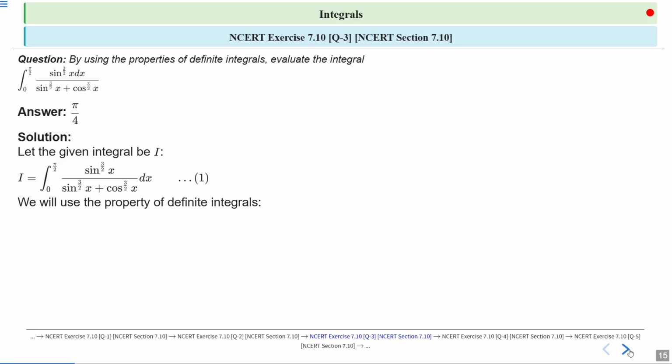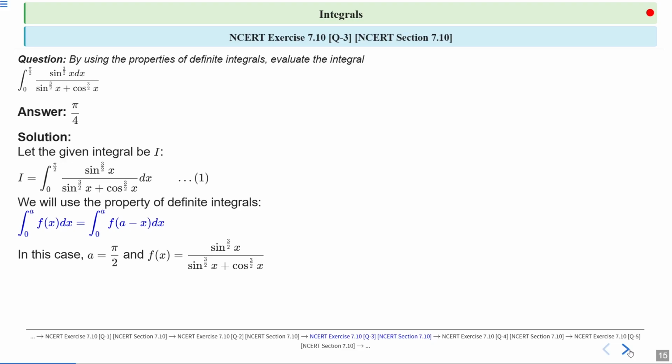To integrate, we use the property that the integral from 0 to a of f(x) dx is equal to the integral from 0 to a of f(a minus x) dx. In this case, a is equal to pi by 2 and f(x) is equal to sin^(3/2)x by sin^(3/2)x plus cos^(3/2)x.